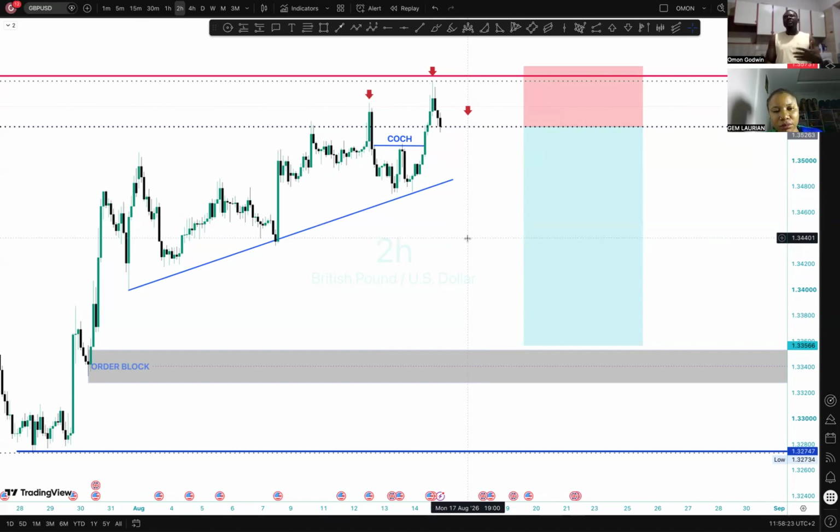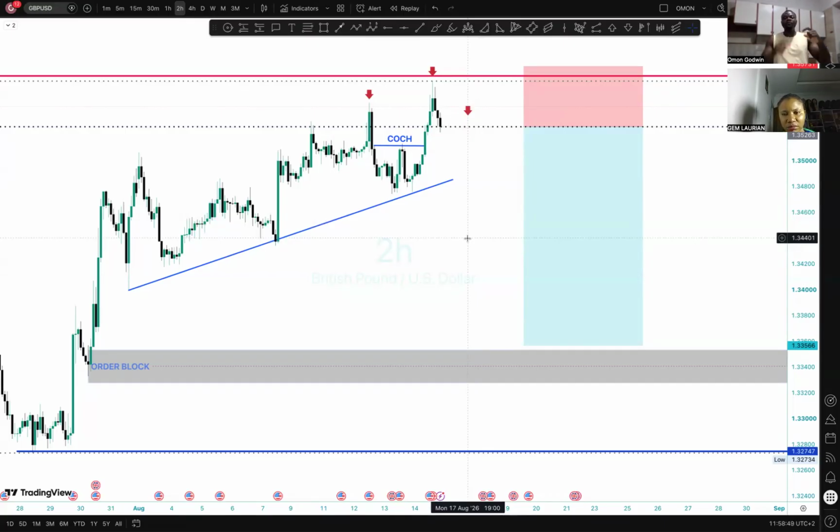But in order for you to identify order block, you also need to know how market trend works. Where the market settles, then it goes to a particular point, couldn't pass that place, then the market started buying from that place. You can find order block on your resistance zone and your support zone.